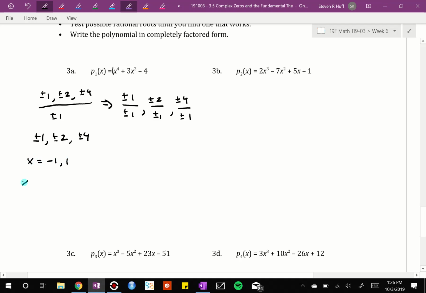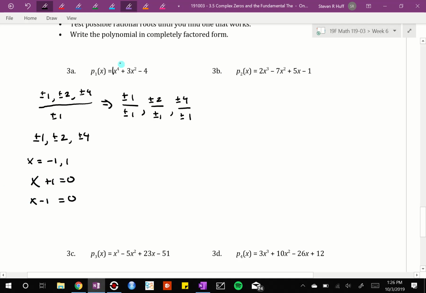If we were to turn these into factors, we would just add and subtract 1 on the other side. So we get x plus 1 equals 0, so there's one factor, and x minus 1 equals 0, which is a second factor.